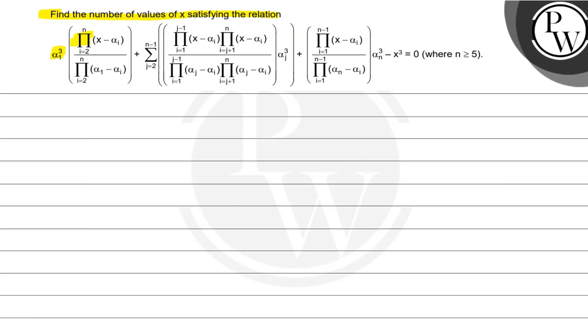This is the product of i equal to 2 to n of (x minus alpha i), divided by the product of i equal to 2 to n of (alpha 1 minus alpha i), plus the sigma over j equal to 2 to n, then again the product of terms from i equal to 1 to j minus 1 of (x minus alpha i), and the product of i equal to j plus 1 to n of (x minus alpha i), divided by the product of i equal to 1 to j minus 1 of (alpha j minus alpha i) and i equal to j plus 1 to n of (alpha j minus alpha i), times alpha 1 cube, plus again the product of i equal to 1 to n minus 1 of (x minus alpha i), divided by the product of i equal to 1 to n minus 1 of (alpha n minus alpha i), and alpha n cube minus x cube equal to 0, where n is greater than or equal to 5.